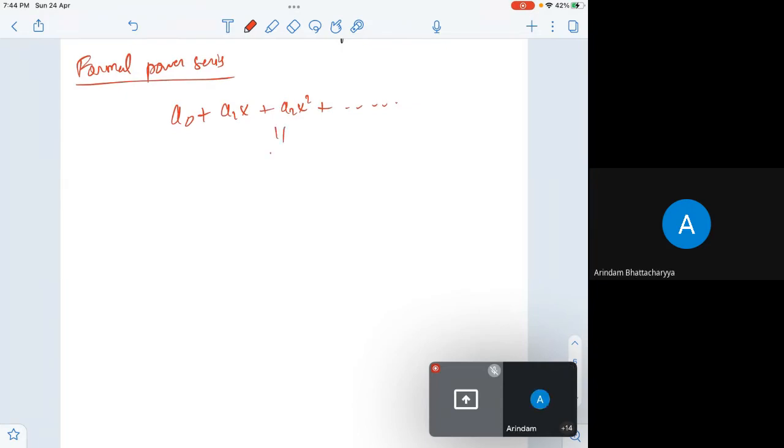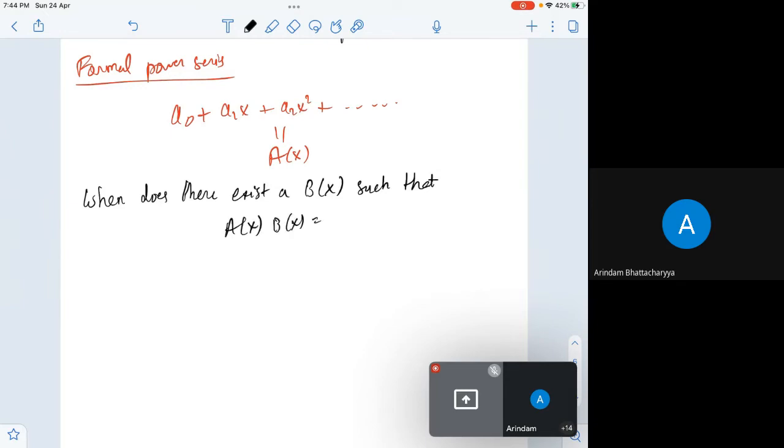Let's say I call this a of x. Have any of you seen this before?